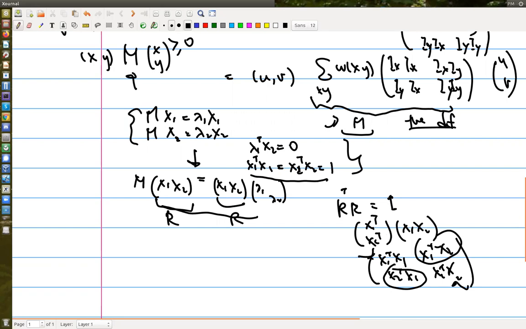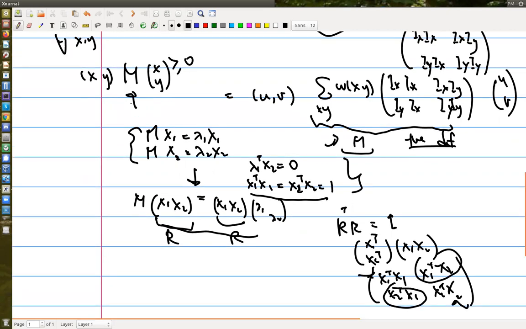Here I go a little bit quick because, depending on your background, you may or may not follow me, honestly. But for graduate students, I expect you're able to follow me. My point is that this M here can be diagonalized by this R here.